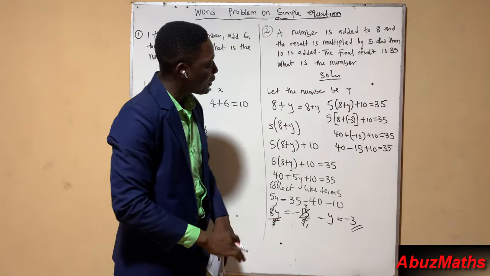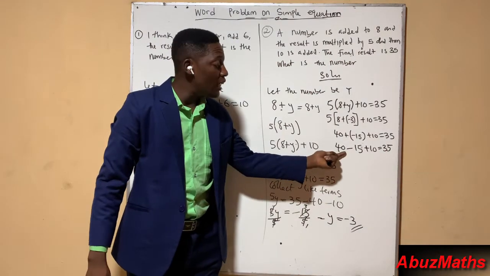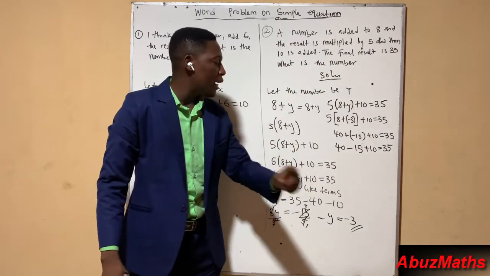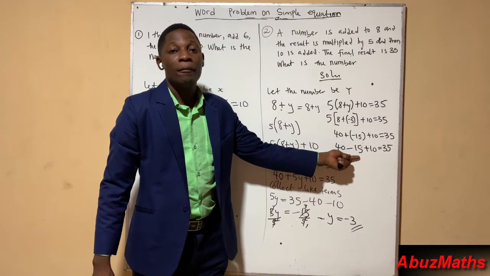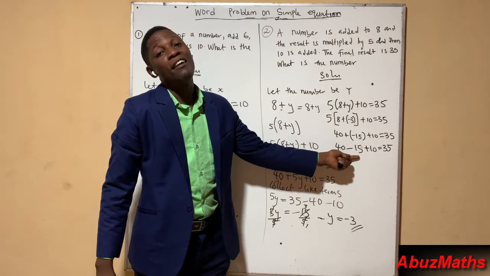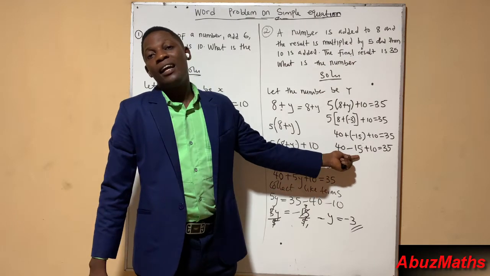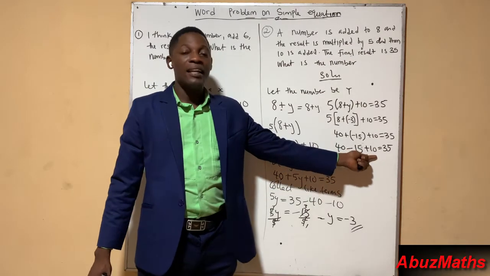Now, is this balanced? Let's check it. I'm having 40 naira and I remember I'm owing one man 15 naira. So I went to pay the man 15 naira. I'll be having a change of 25 naira. Now, a friend of mine gave me 10 naira.